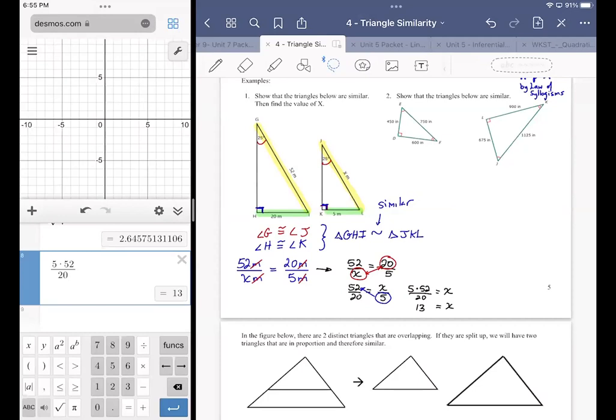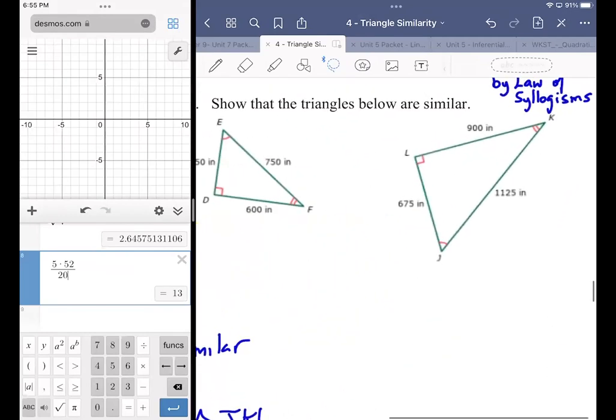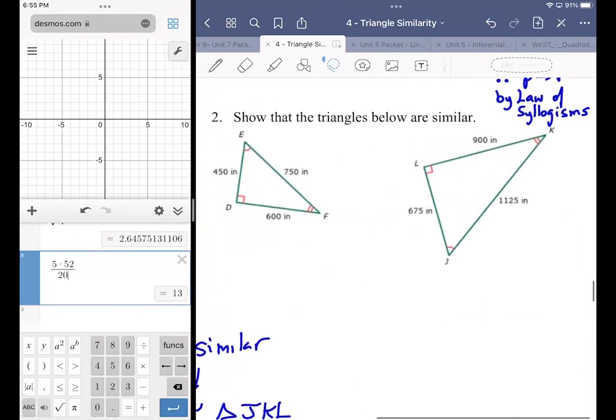Because very nicely, they were super kind in this question. They put little arcs for us. They're basically telling us that this is congruent to that. This is congruent to that. So very, very nice of them, right? But let's pretend we didn't recognize that.